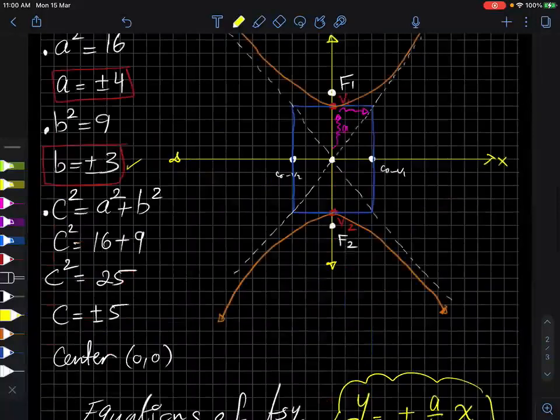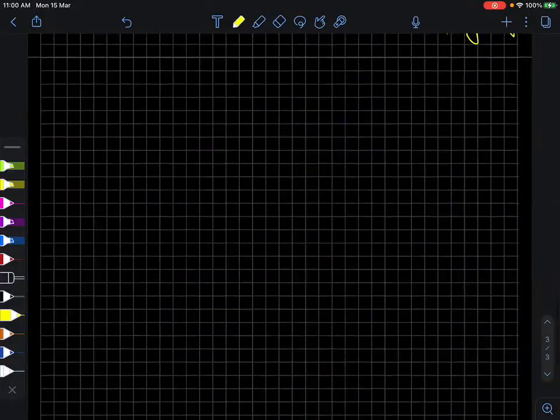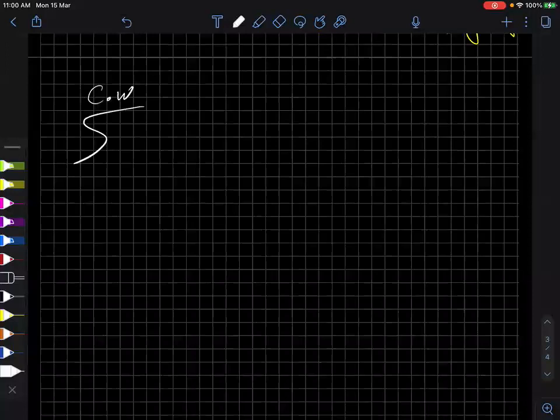Okay, so let's move on, guys, to practice. I will give you 2 questions to solve as classwork, and please send me your answers via WhatsApp. The first one: x squared over 25 minus y squared over 9 is equal to 1.